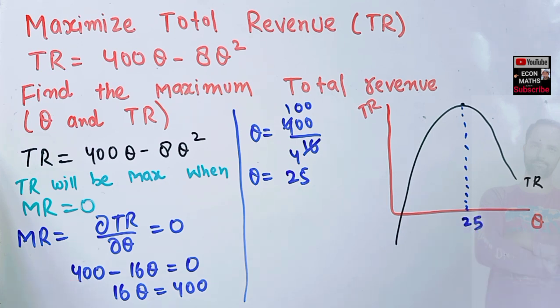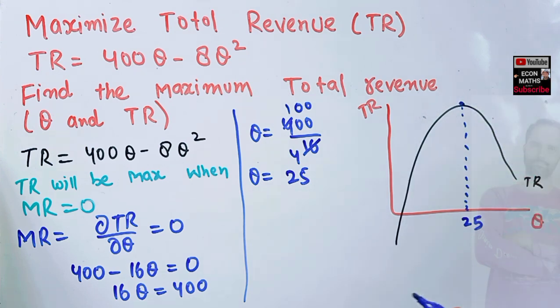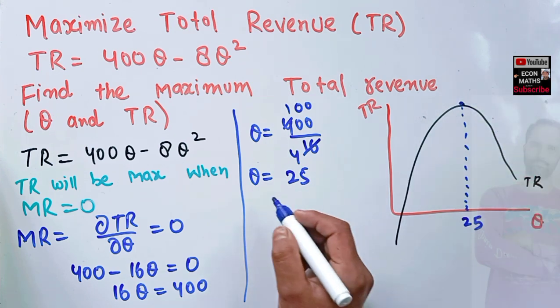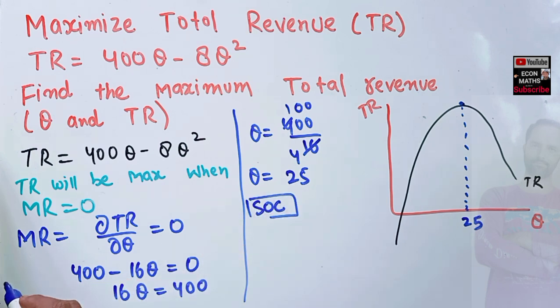But to make sure that we are at a maximum, we need to check the second order condition. This is our first order condition. The first order condition is simply that we take the derivative of the total revenue function with respect to output and set it equal to 0.